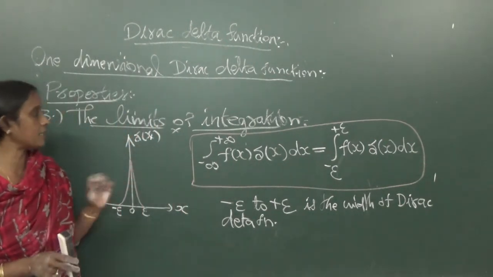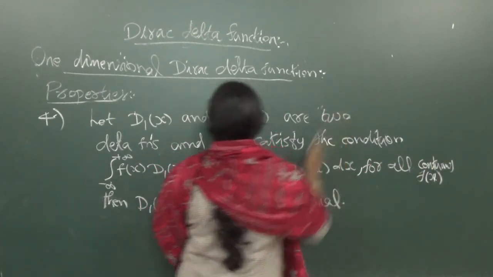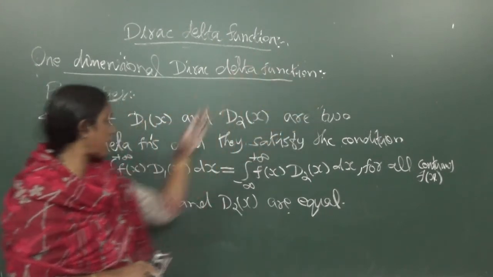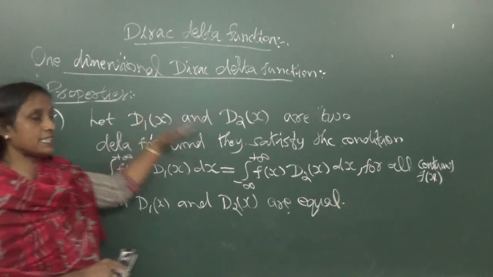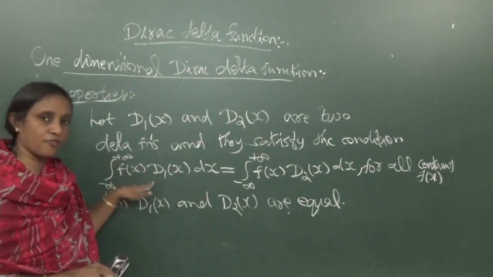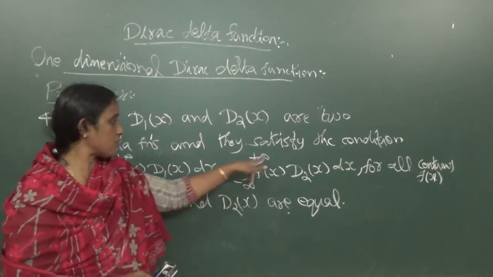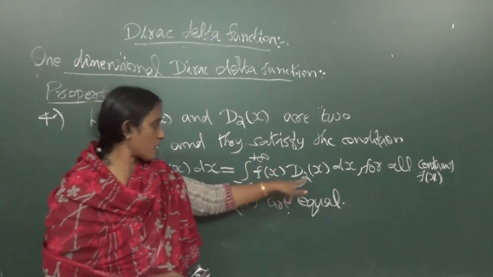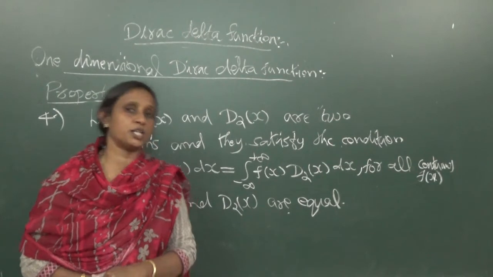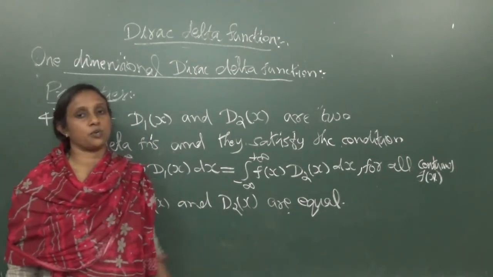Now we can discuss. Let d1 of x and d2 of x be two Dirac delta functions, and they satisfy the condition integral minus infinity to plus infinity f of x d1 of x dx equal to integral minus infinity to plus infinity f of x d2 of x dx for all ordinary f of x or continuous f of x, then d1 of x and d2 of x are equal.